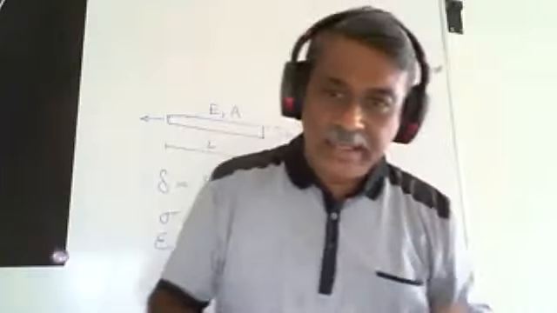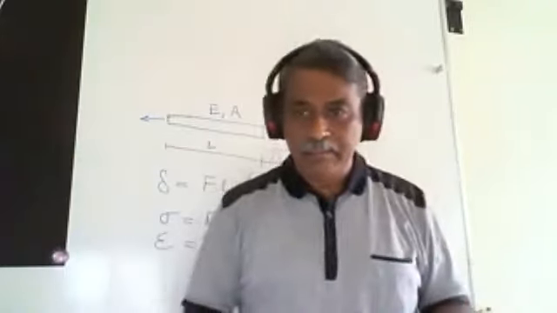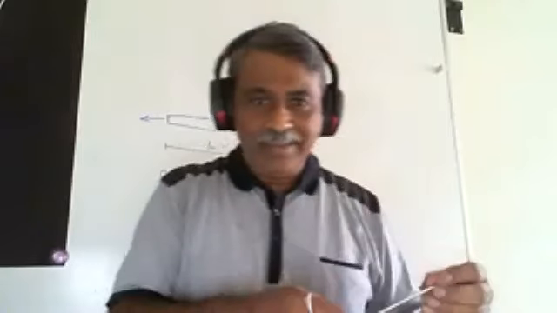So the strain is equal to 20 divided by 100, which is 0.2, right? Or in other words, strain is 20%. The elongation has happened such that it is now elongated to a length which is 20% more than the original length. Okay. All right.